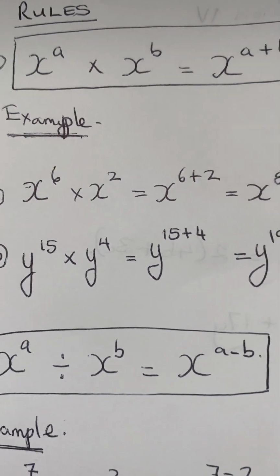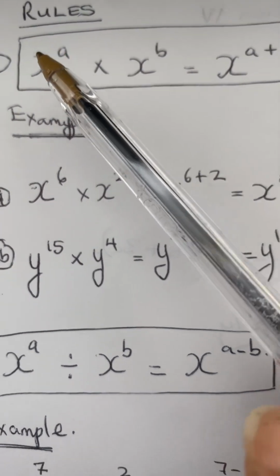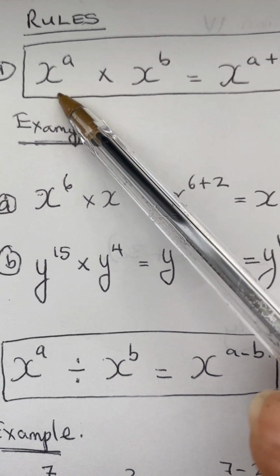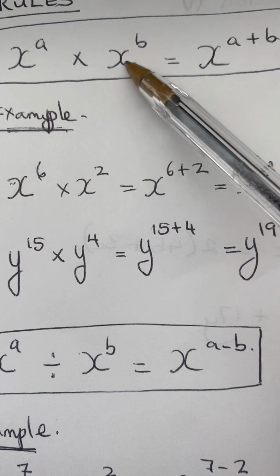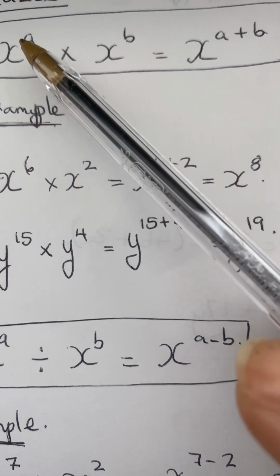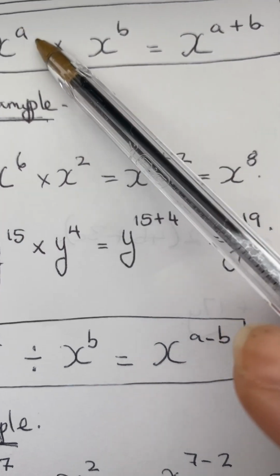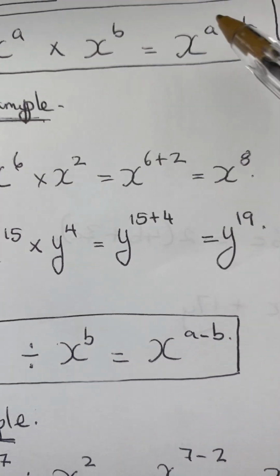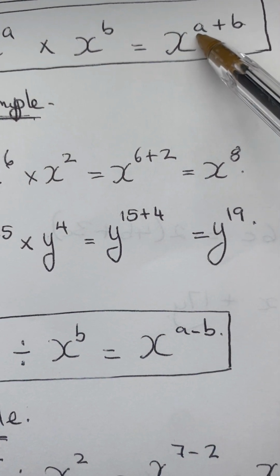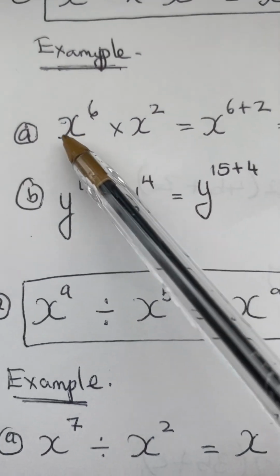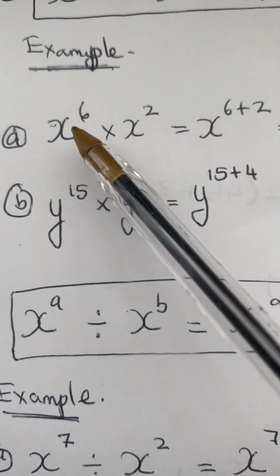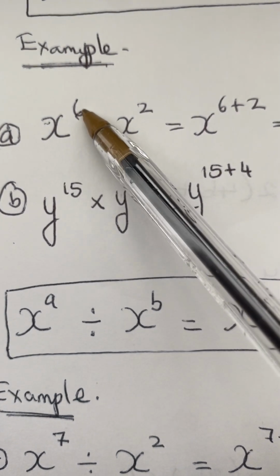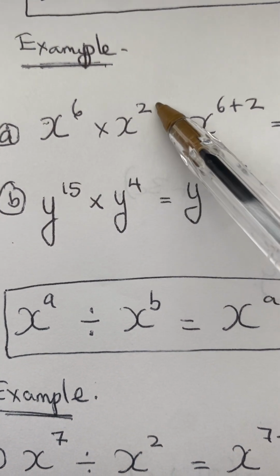The first one is when you are multiplying x to the power a times x to the power b, you add the powers. So here you add a and b. That is why in the examples we've been doing, we have x to the power 6 times x to the power 2.